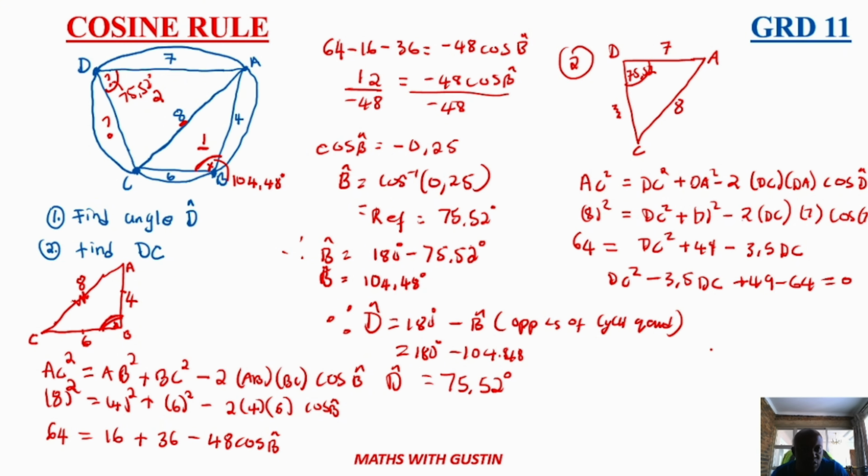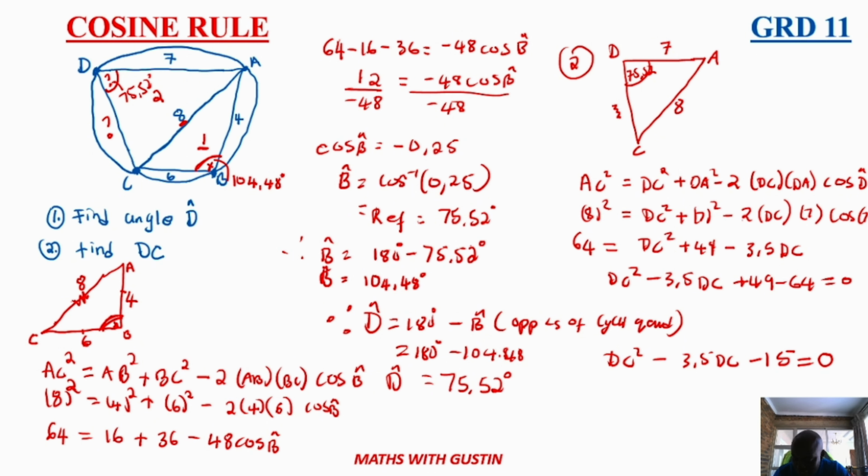So if you were to simplify this, we are going to end up with DC squared minus 3.5 DC minus 15 equals 0. I hope you guys are following. If you are not following, please leave a comment in the comment section below. Here 49 minus 64 is going to give us minus 15.